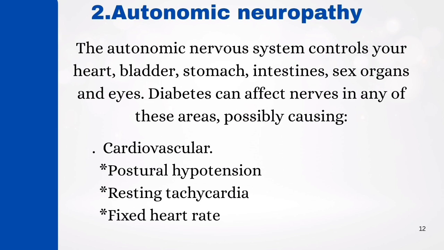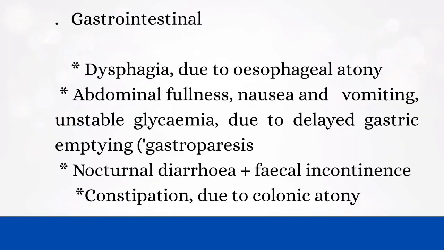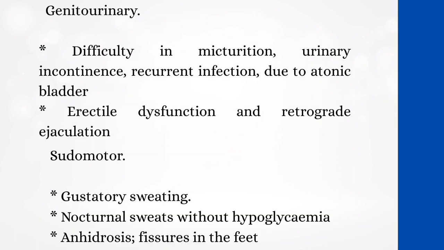Diabetes can affect nerves in any of these areas, possibly causing postural hypotension, resting tachycardia, fixed heart rate, dysphagia due to the esophageal atony, abdominal fullness, nausea and vomiting, unstable glycemia due to delayed gastric emptying, nocturnal diarrhea, fecal incontinence, constipation, and genitourinary symptoms like difficulty in micturition, urinary incontinence, recurrent infection due to atonic bladder, erectile dysfunction, and retrograde ejaculation. Pseudomotor symptoms like gustatory sweating, nocturnal sweats without hyperglycemia.